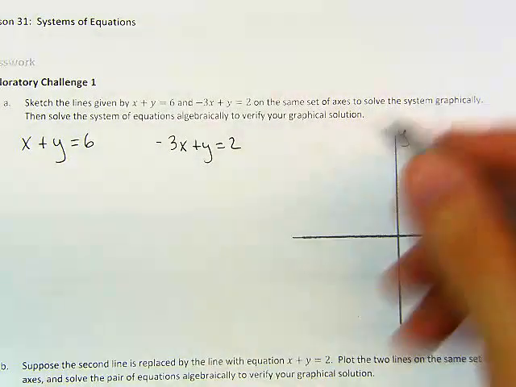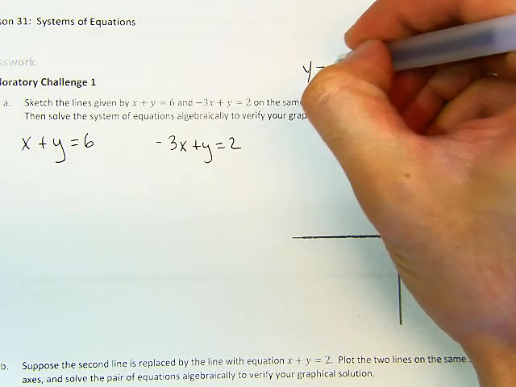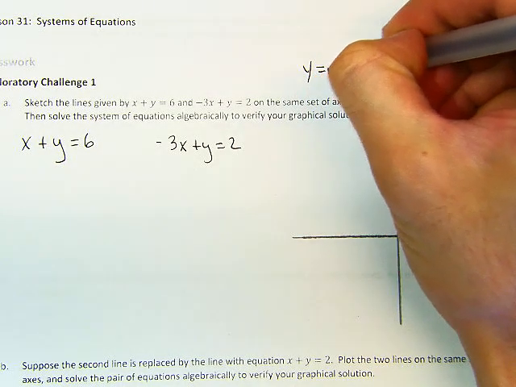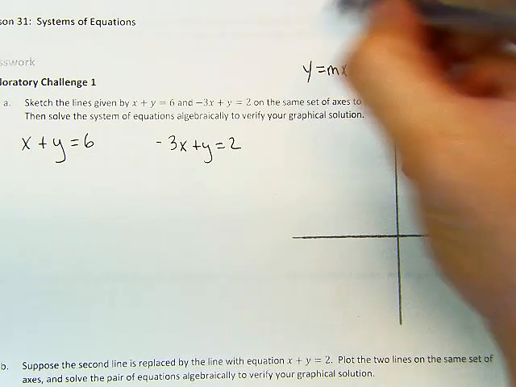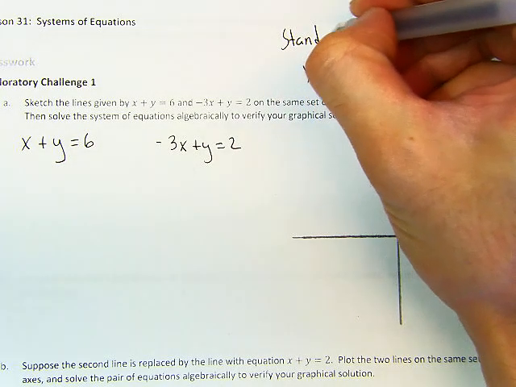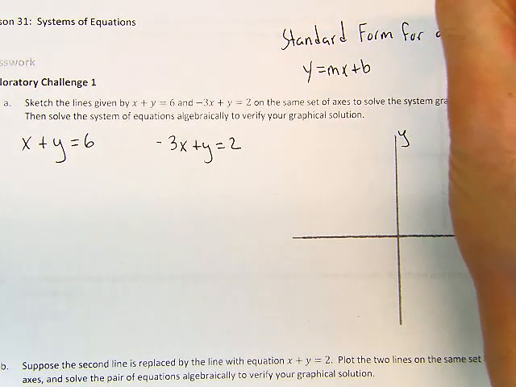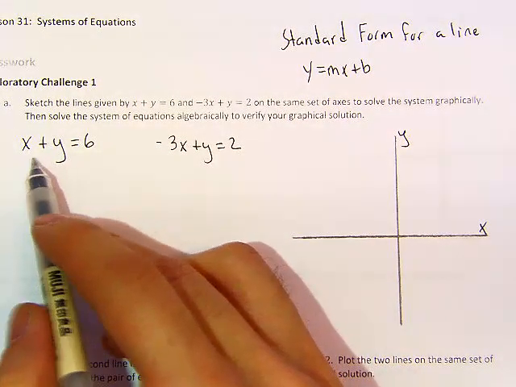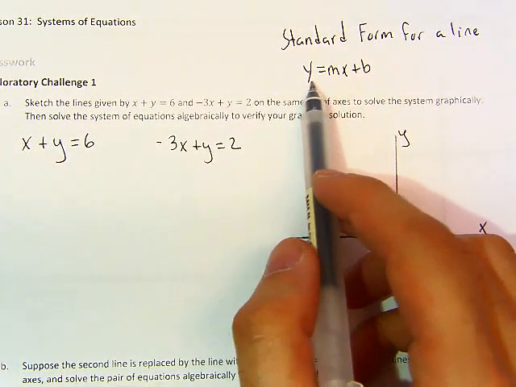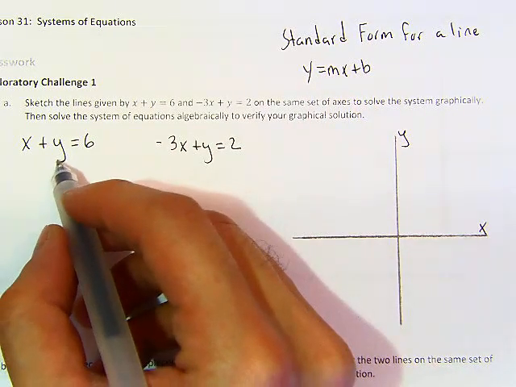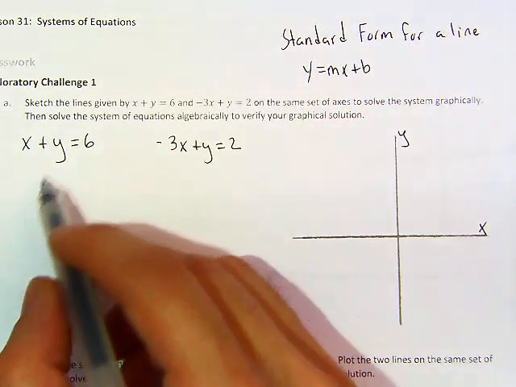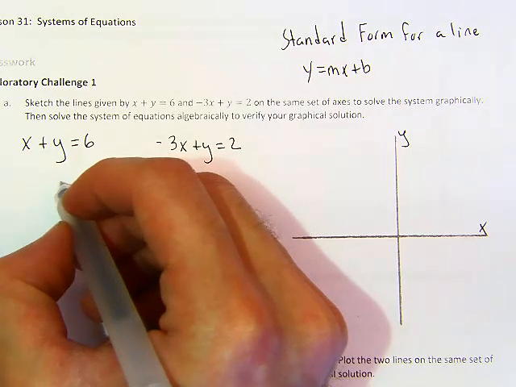Well, let's see. Remember, whenever you're graphing, you always want it in the form y is equal to mx plus b, right? This is the standard form for a line, okay? Now here, if we have x plus y equals 6, how do we get it into this format? Well, basically, you just want y by itself. So here, how do we get y by itself?